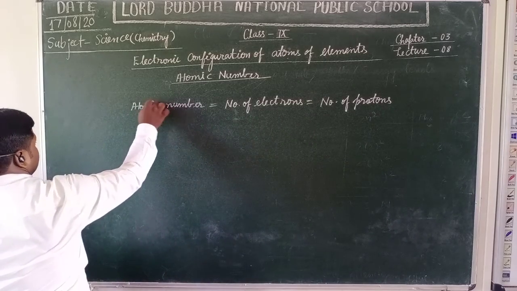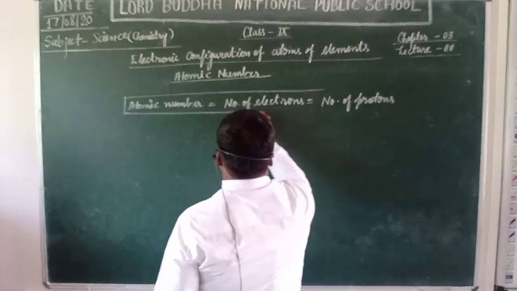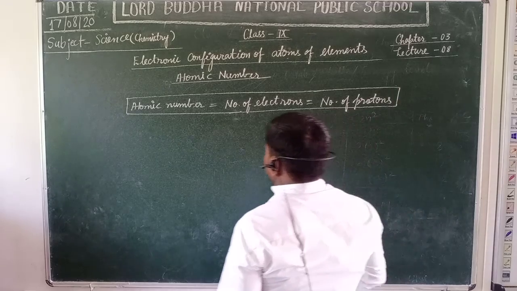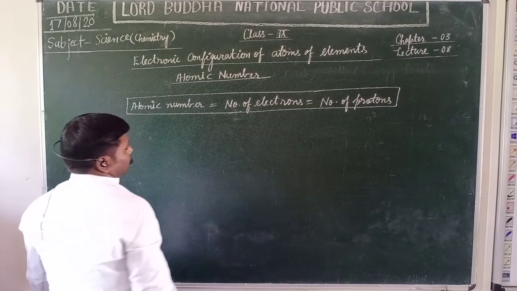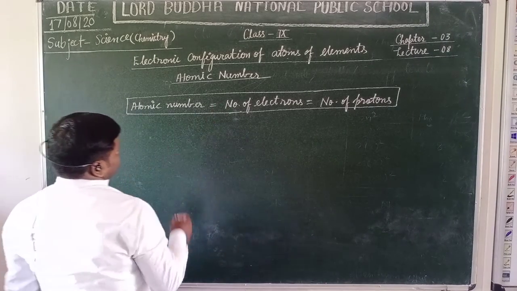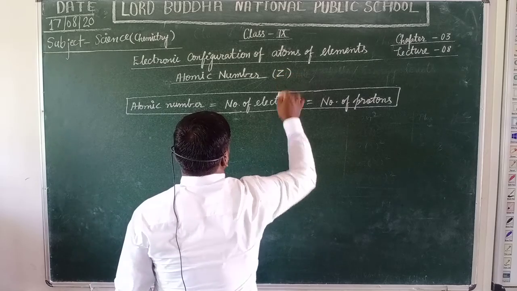This is also the formula to determine the number of electrons or protons in an atom. According to Rutherford, the number of electrons and protons in an atom is always equal. It is denoted by the capital letter Z.